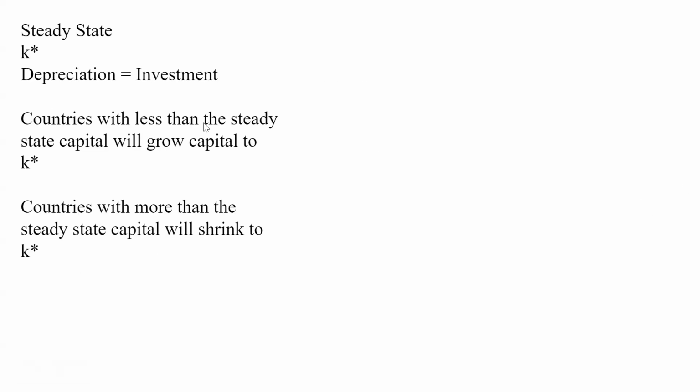Okay, so let's talk about the steady state of capital, which is an important concept here. It's denoted by K star, and this is when depreciation is equal to investment. So I'll show this graphically.